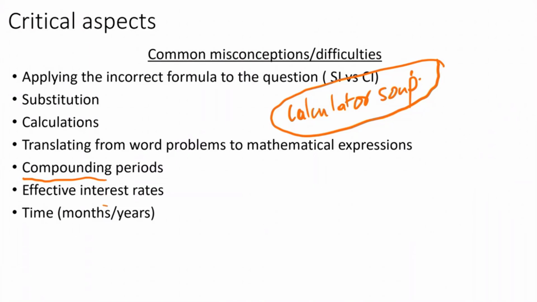This is very important because sometimes you'd be given two interest rates. One is compounding monthly, one is compounding semi-annually. So now you need to be able to compare those two. We are going to look at some examples on how you can work with the effective interest rate.